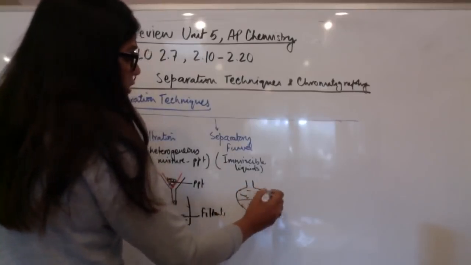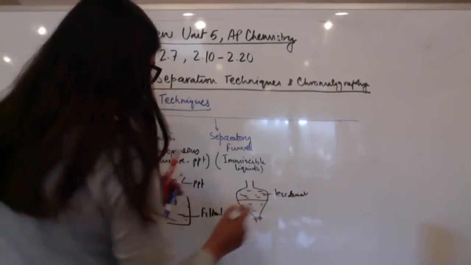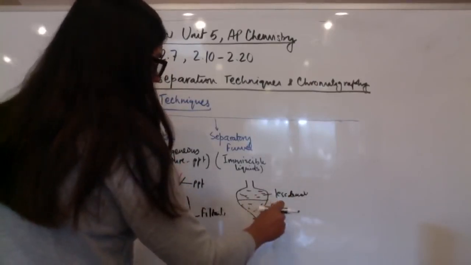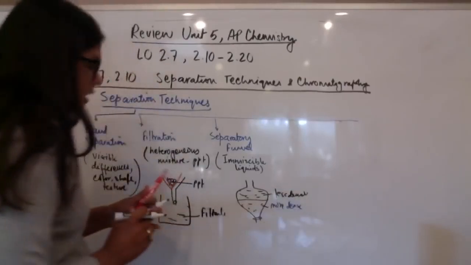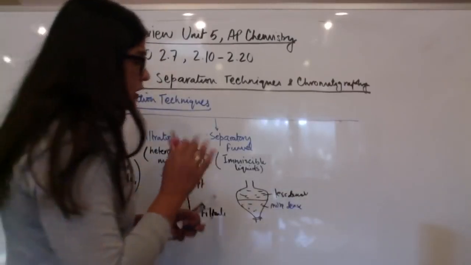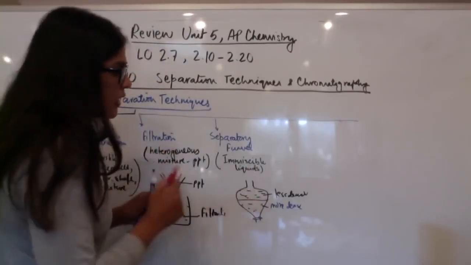And the lighter or less dense liquid will be on top, and the heavier or more dense liquid will be at the bottom. And if there is a component of a mixture that is more soluble in one or the other liquid, it will go in that.